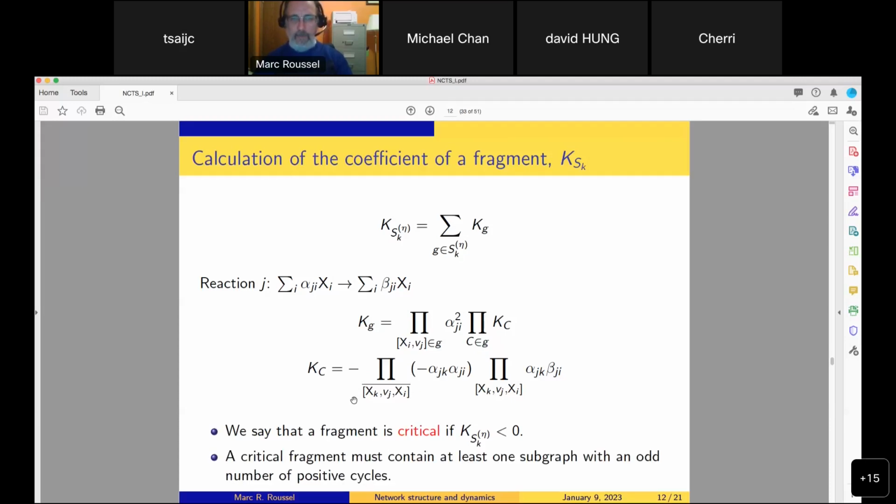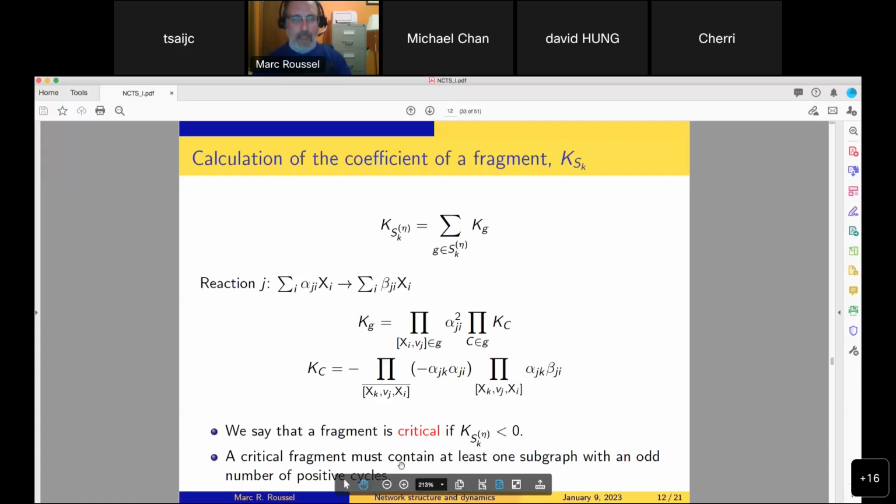If you then think about what I was just saying about cycles, you've got to add up these coefficients for subgraphs. That involves a product over coefficients of cycles. The negative cycles are going to contribute a positive value, but the positive cycles will contribute a negative value.